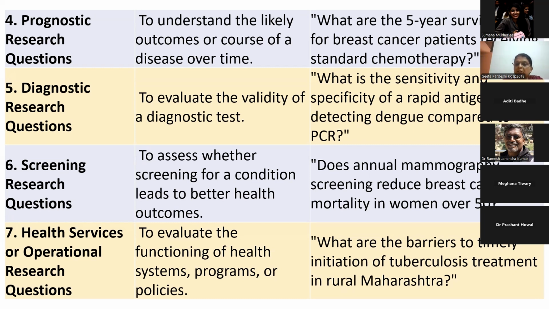And lastly, the operational or the implementation research, where you want to find out the barriers and facilitators for interventions in a program, or find out the best possible way for implementing the interventions in a program. So when you frame your research question, automatically there are some preferred research designs which should come to your mind.